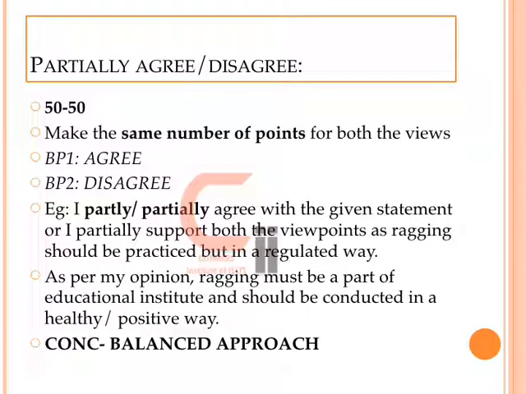For example, I partly or partially agree with the given statement, or I partially support both viewpoints as ragging should be practiced but in a regulated way. And here the conclusion also needs to be balanced. You have to make a very balanced conclusion that if it should be there in educational institutions, then it should be in a very controlled and scrutinized way.